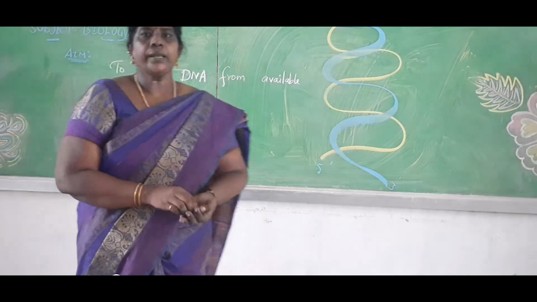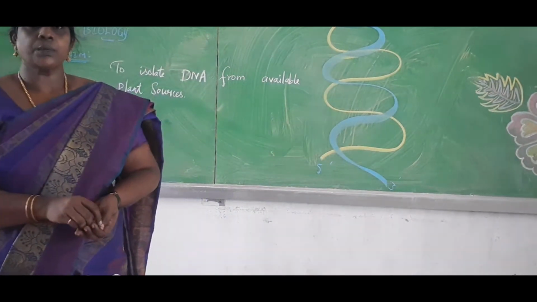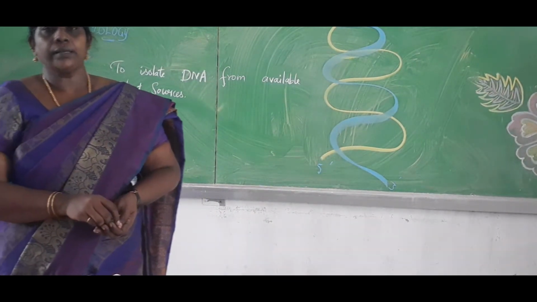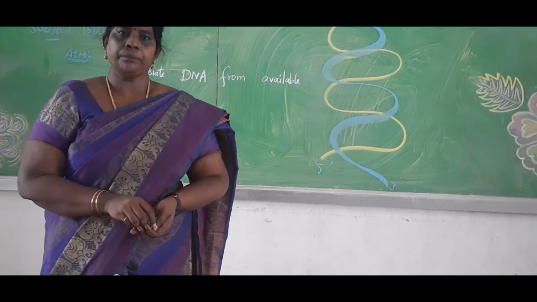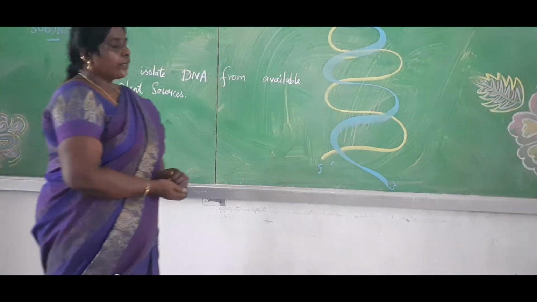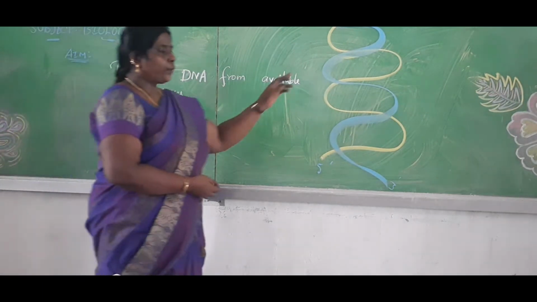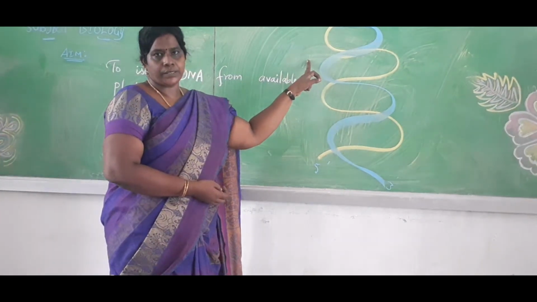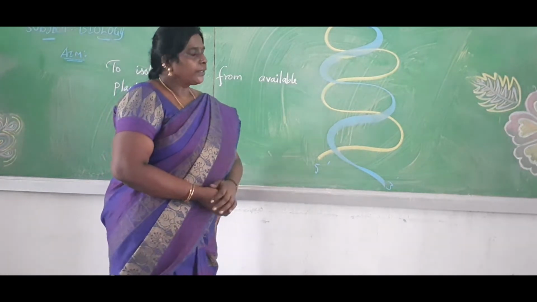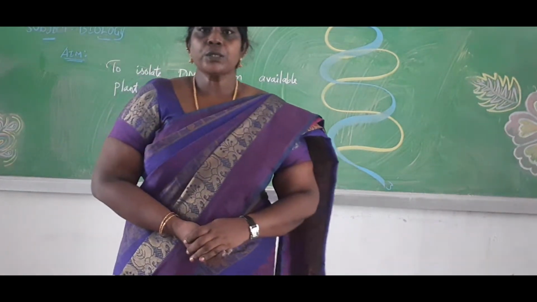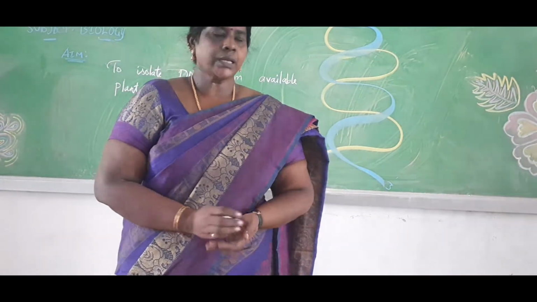This double helix template was first proposed by Watson and Crick in the year 1953. Later, two scientists, Wilkins and Franklin, produced X-ray diffractions. Then the base pair rule was proposed by Erwin Chargaff.